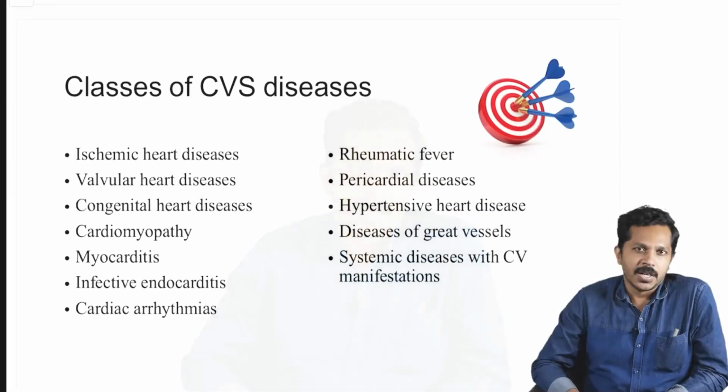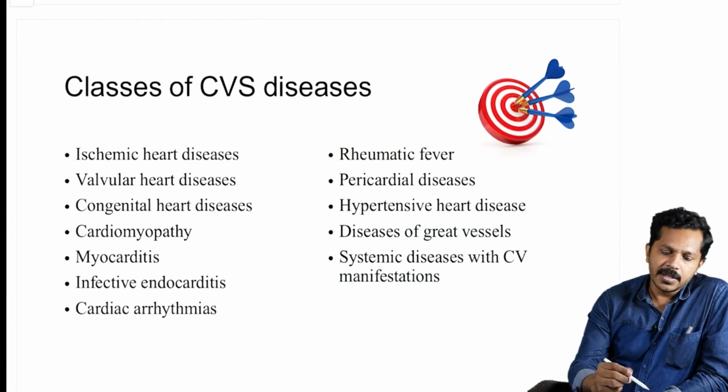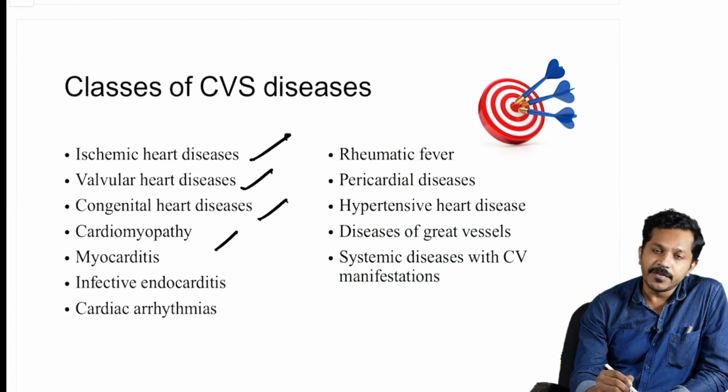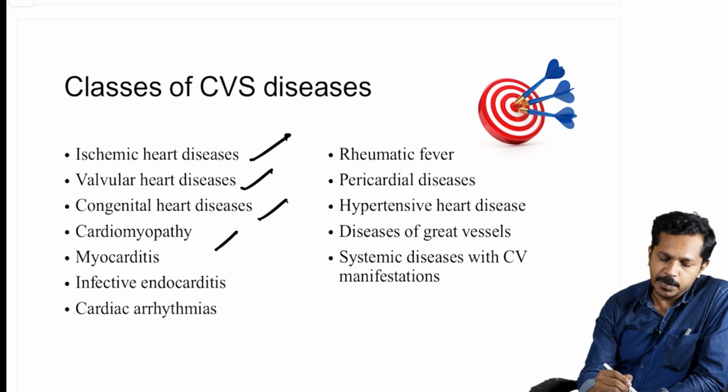Next, after learning that various system diseases can cause similar symptoms, like a cardiovascular system illness as well as a respiratory system illness causing breathlessness, inside the cardiovascular system itself we have numerous classes of diseases. For example, there may be ischemic heart disease, valvular heart disease, congenital heart disease, cardiomyopathy, myocarditis, infective endocarditis, cardiac arrhythmias.